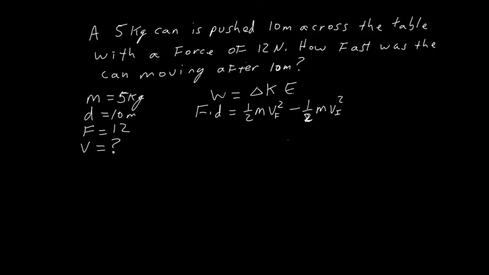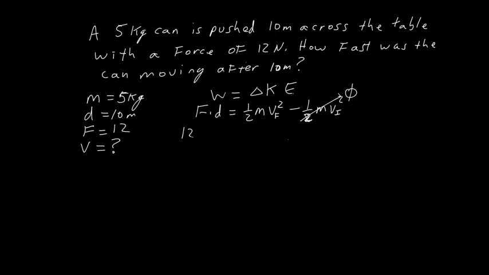But since it's CP physics here, we can definitely assume that the starting kinetic energy is 0. So now we have force times distance equals 1/2 mass times velocity squared, and we want to solve for velocity.